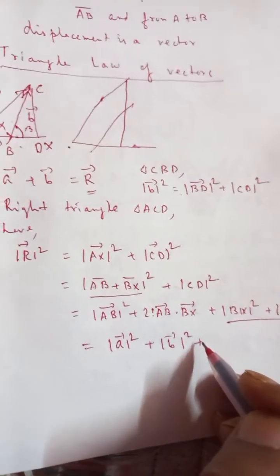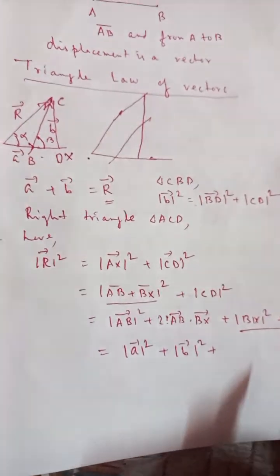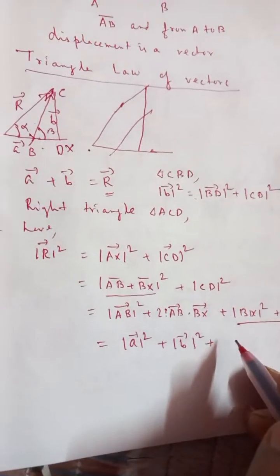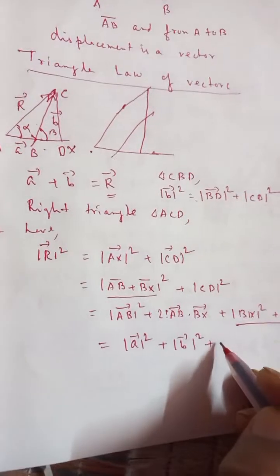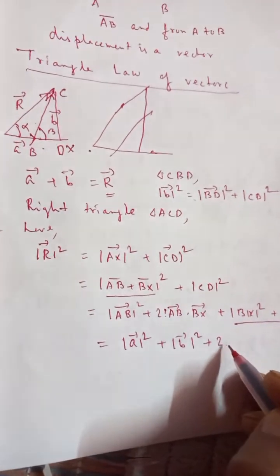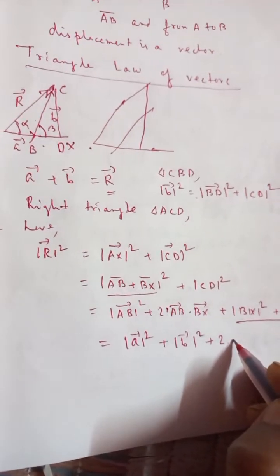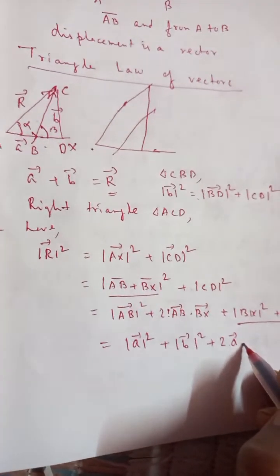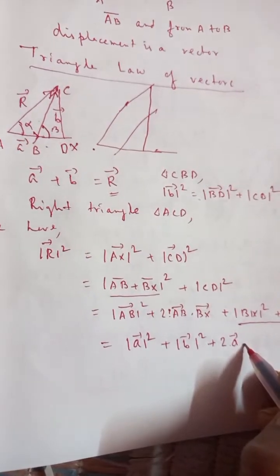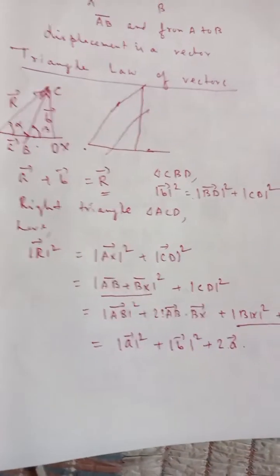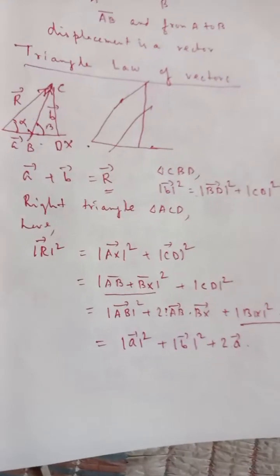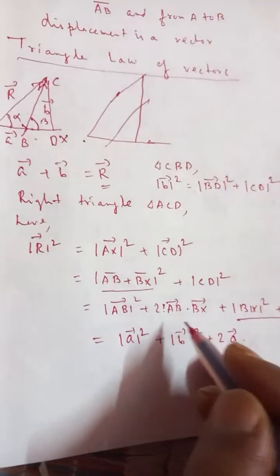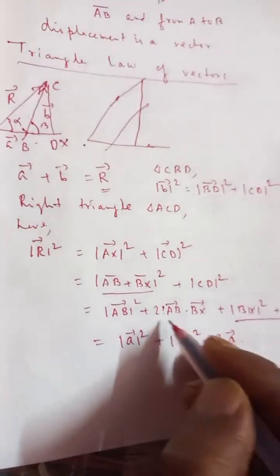plus 2 into AB vector, which is A vector, into BX.